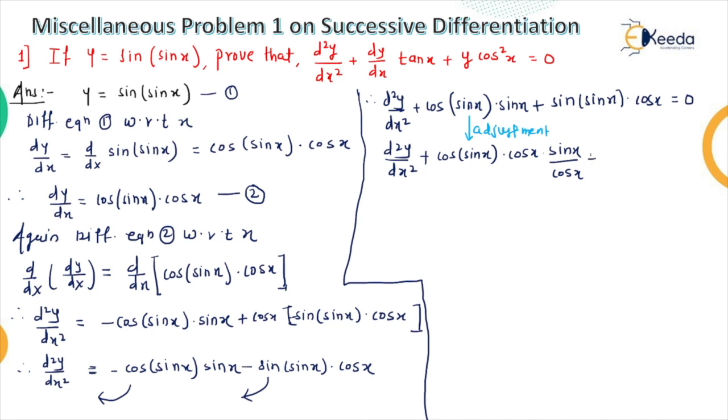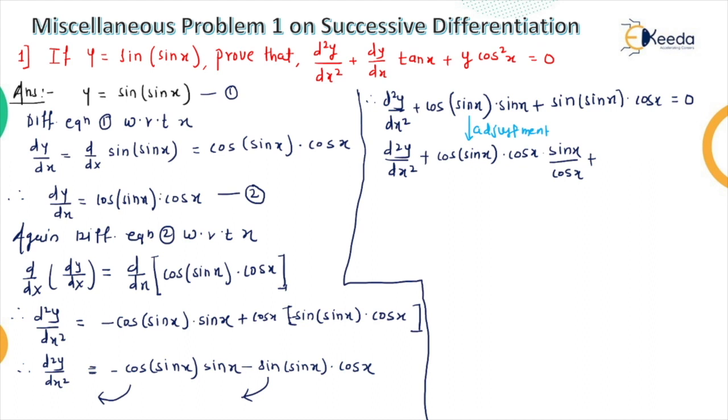Plus, by using equation number 2, cos of sin x into cos x. So from equation 2, this is y, guys.